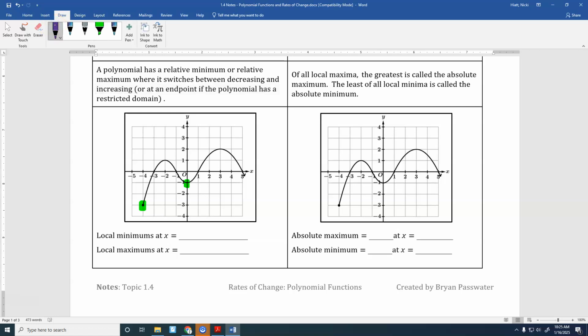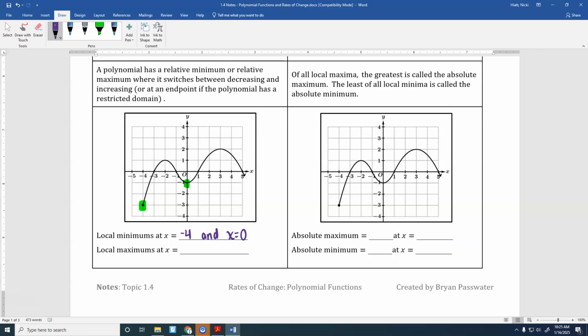So we would have local minimums at x equals -4 and x equals 0. So it's not the y value, it's the x value. The way they have phrased this, it says local minimums at x equals, so it's wanting to know the x coordinate for these.